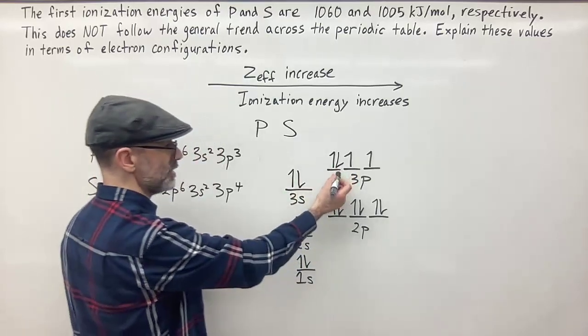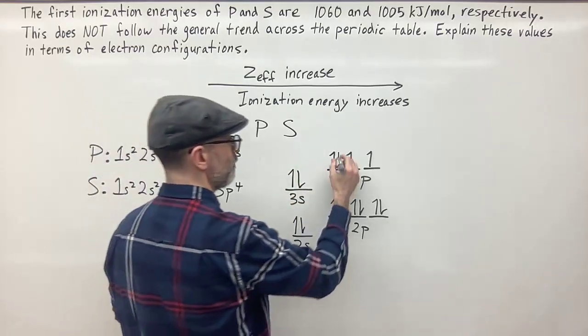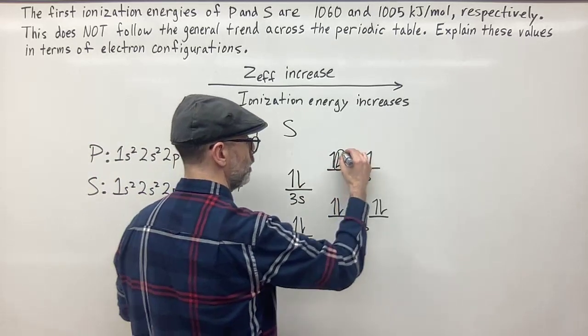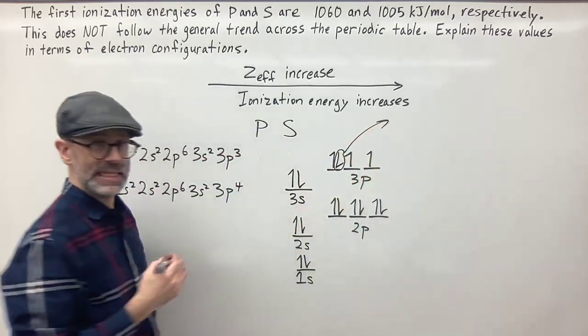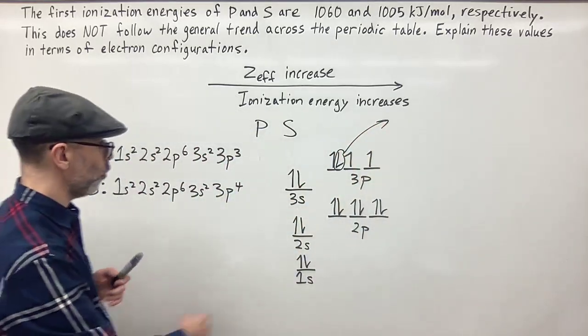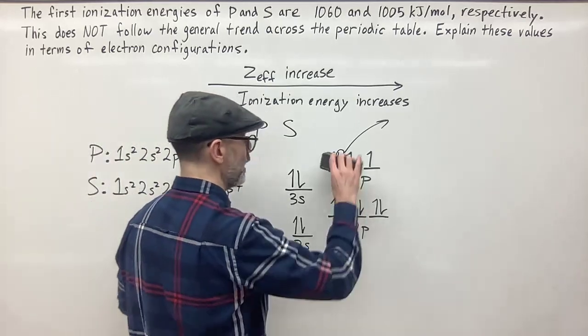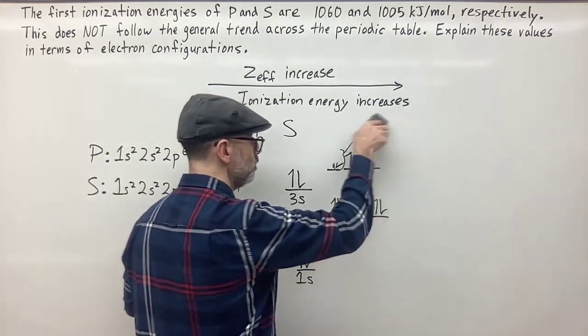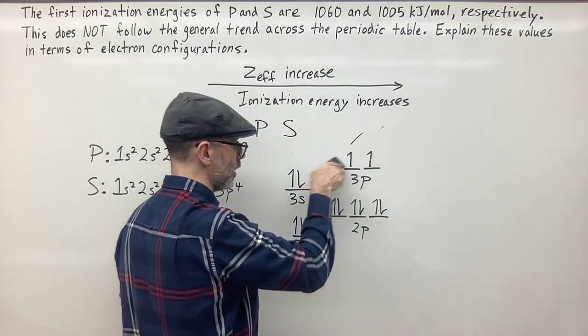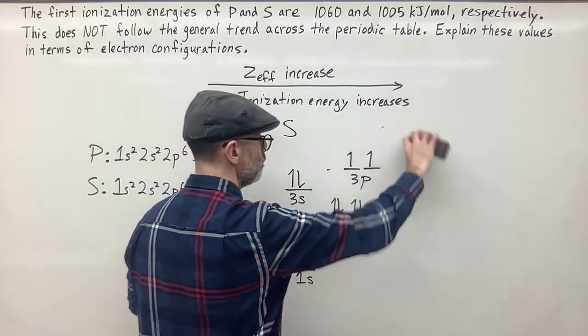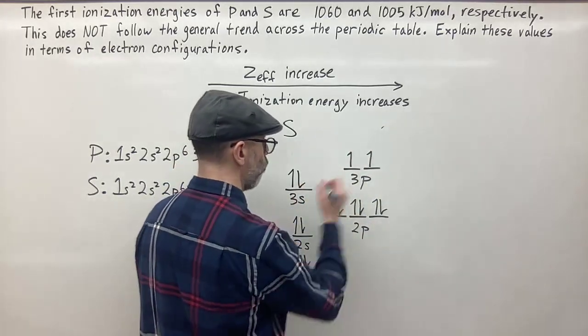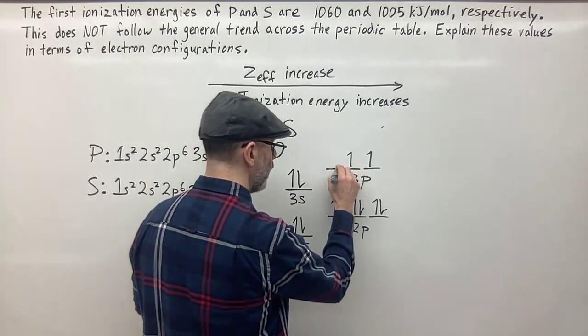So what happens if I remove this electron? If I remove the electron from this situation, what happens? If I remove that fourth electron, what do I end up with?